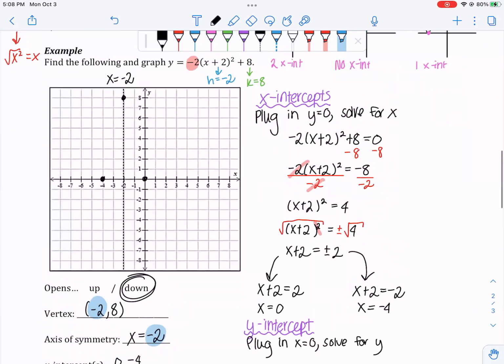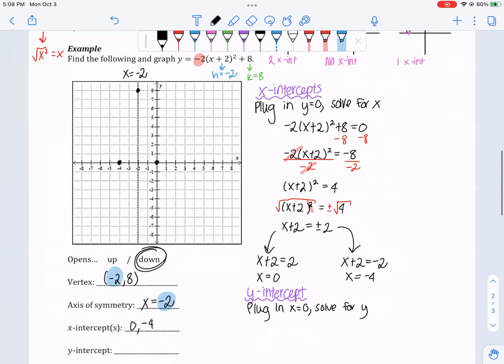So the function, let's zoom out here, y equals -2. Instead of x, I'm plugging in 0. (0 plus 2) quantity squared, plus 8. Let's see, that's going to give me 0. So my y-intercept is 0.